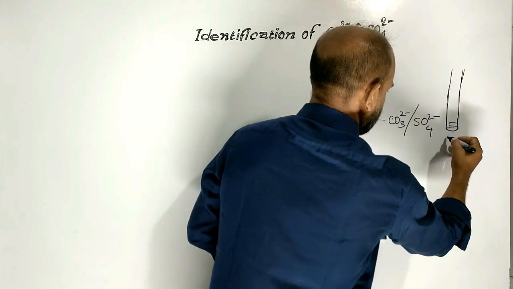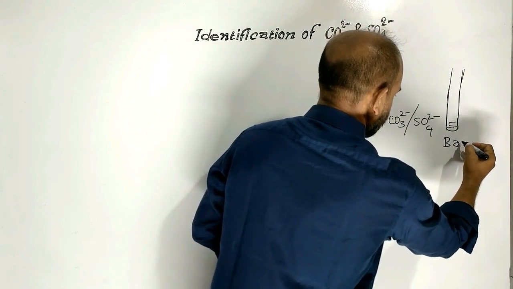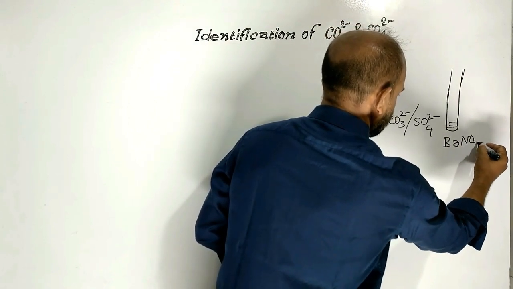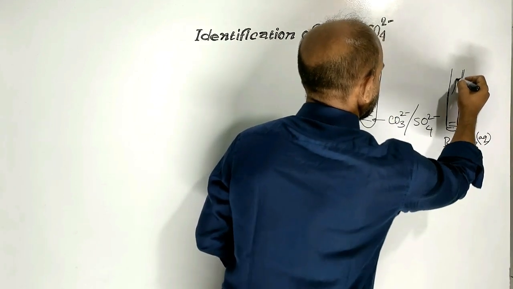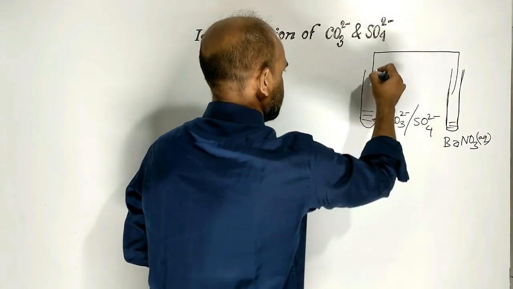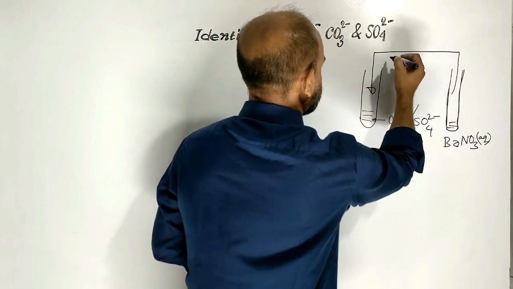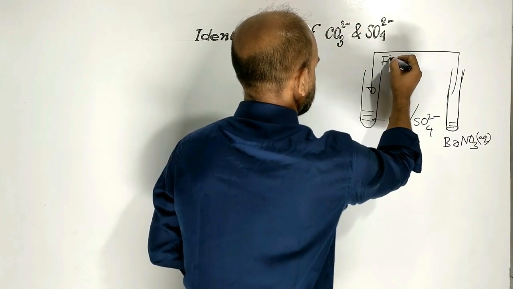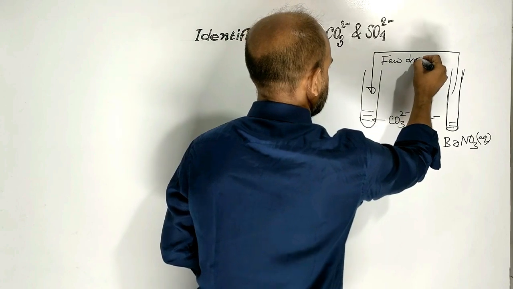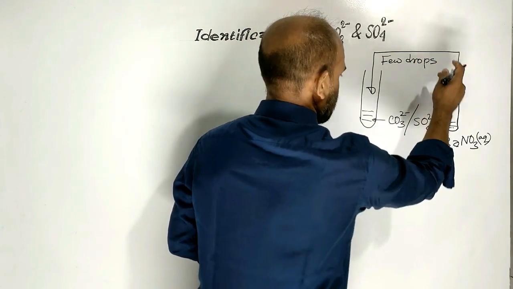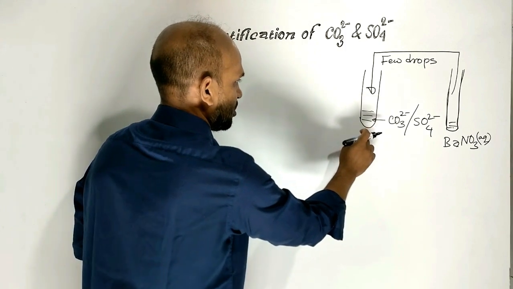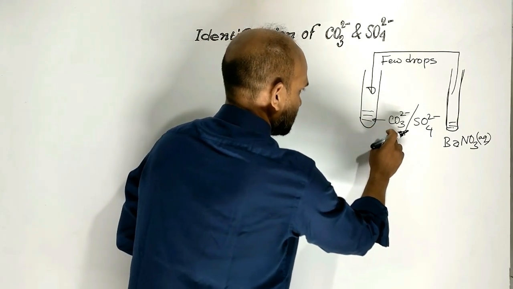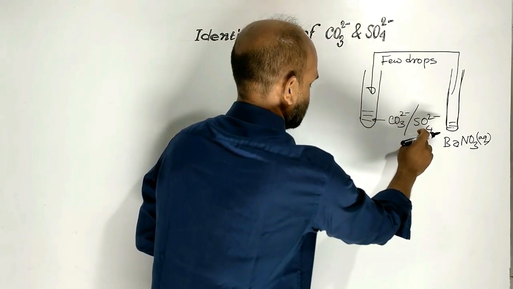Here, solution of barium nitrate. Now, a few drops of barium nitrate solution is added to the solution of carbonate ion or sulfate ion.